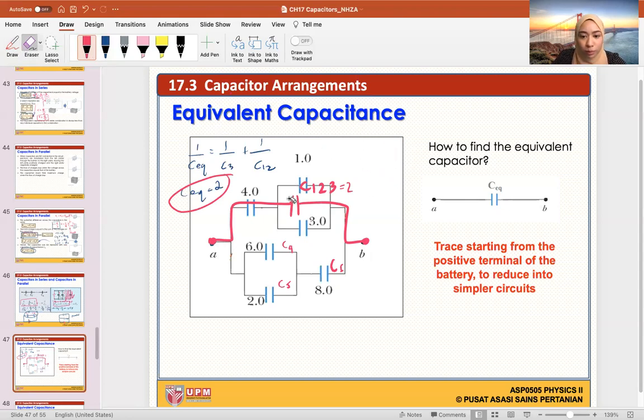So earlier we got this part as 4, and this part as 4. So 4 in series with 4 will give me a C equivalent of 2. So this whole top part is just equal to 2. That is your C equivalent for the top part. C equivalent is just the total.